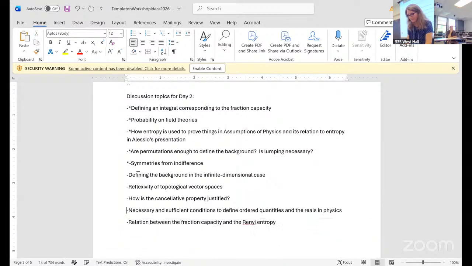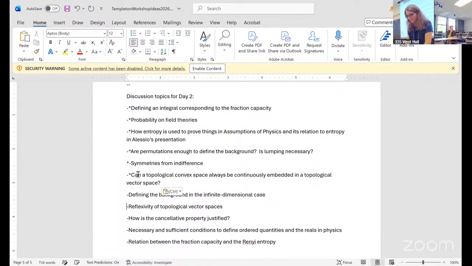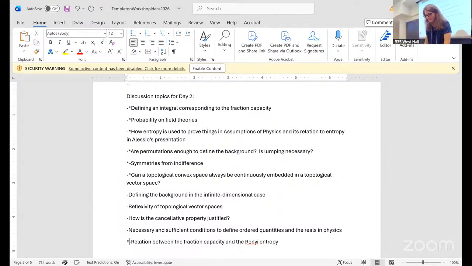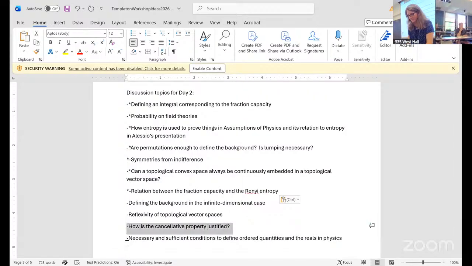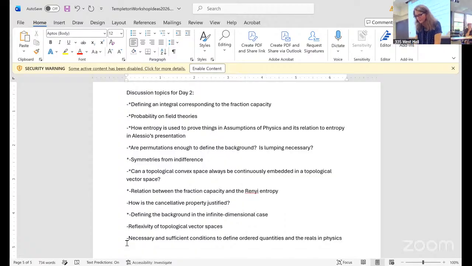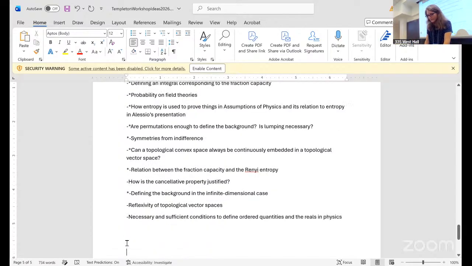Not that we resolved it, but we discussed this for now. How is the cancellative property justified is something we already discussed, I think.